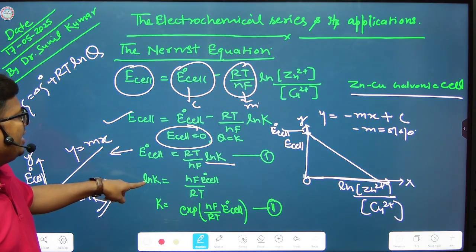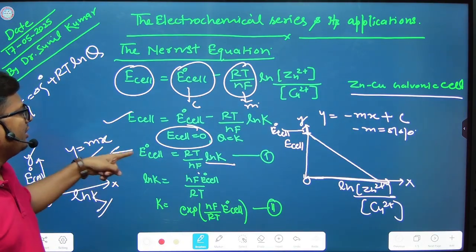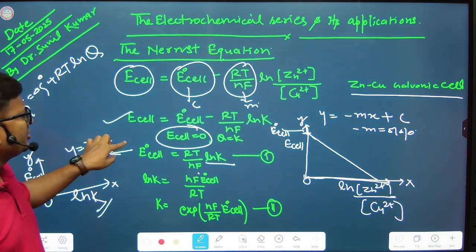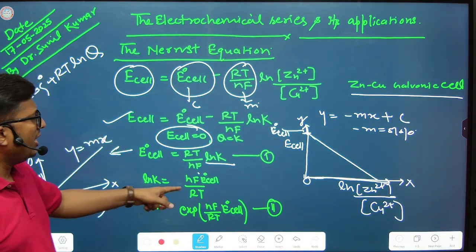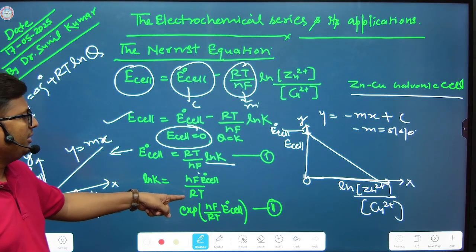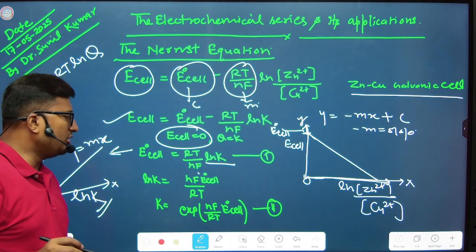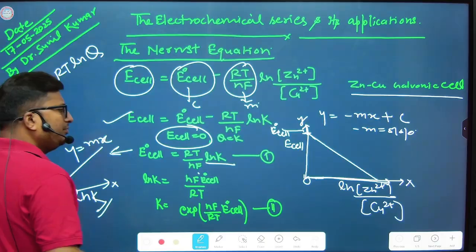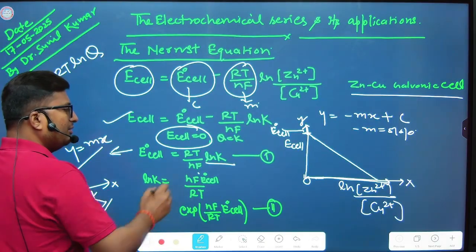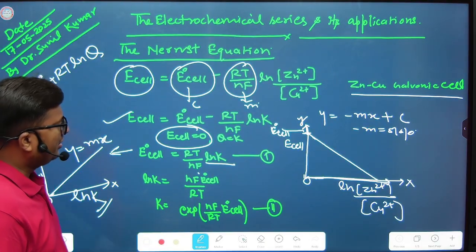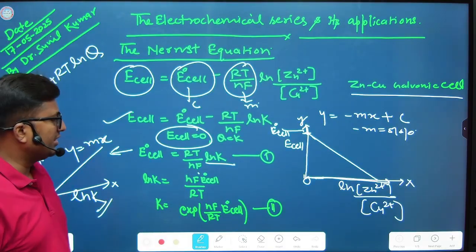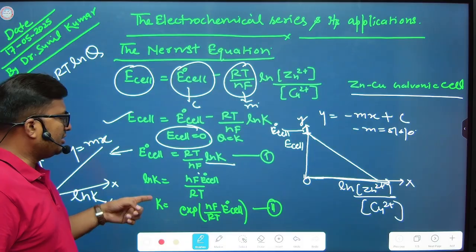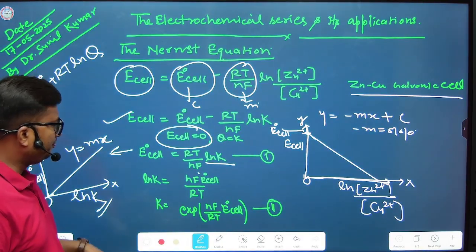So that is ln K, and here nF goes in this cross multiplication. So nF E naught cell will be RT, right? So all these are constants, nF upon RT, and finally E naught cell is actually the standard cell potential. So here we just transformed this equation.